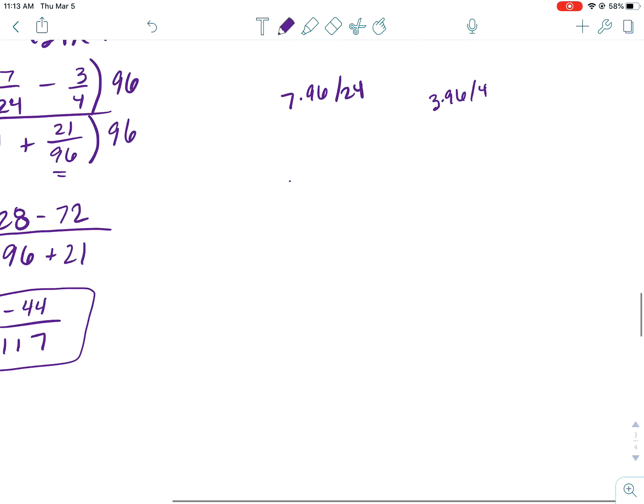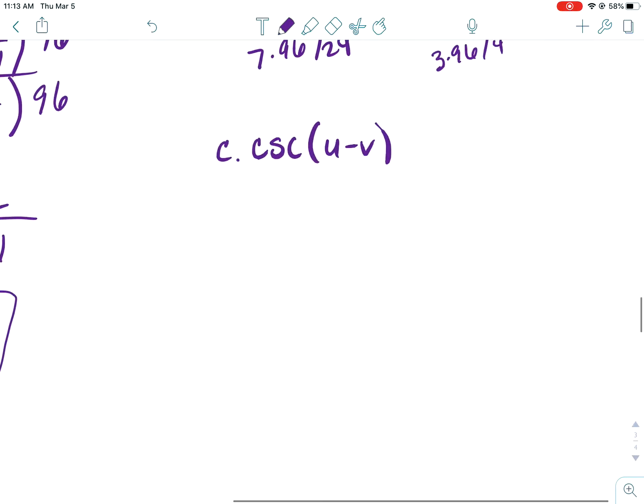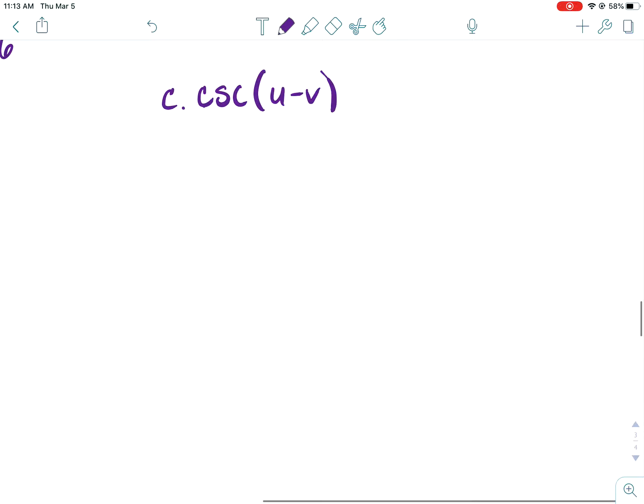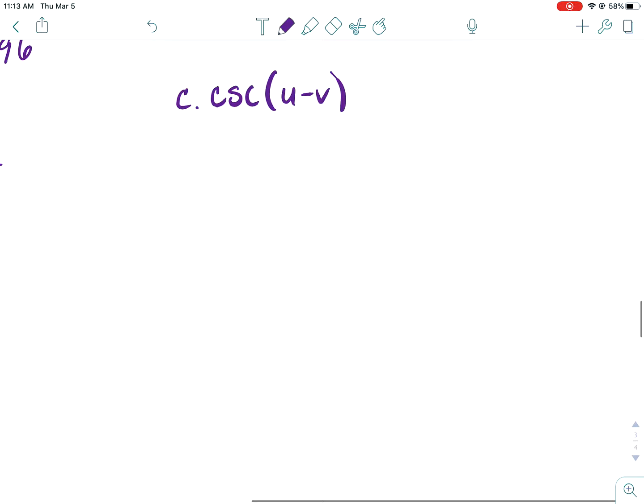Okay, we are going to do one more, and it's cosecant. All right, do we have a rule for cosecant?